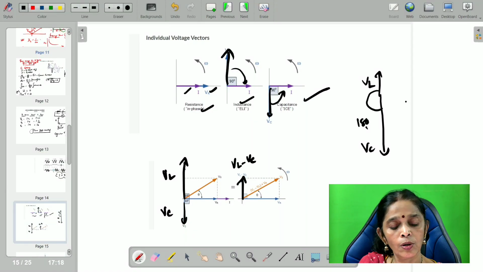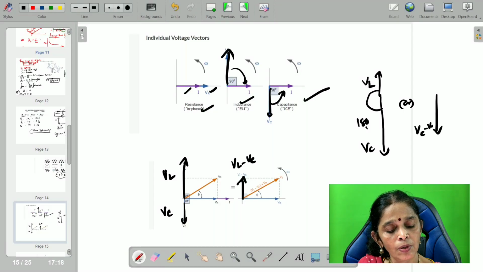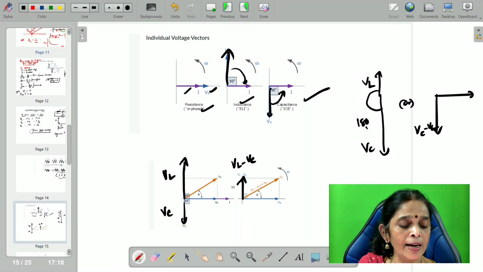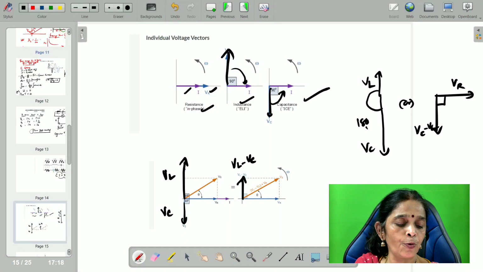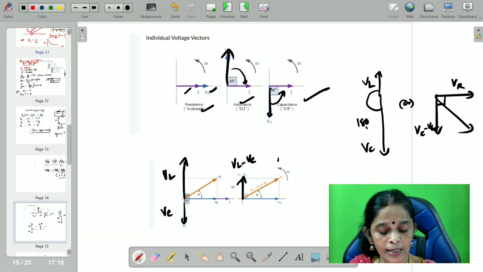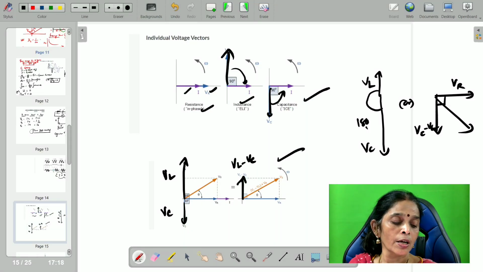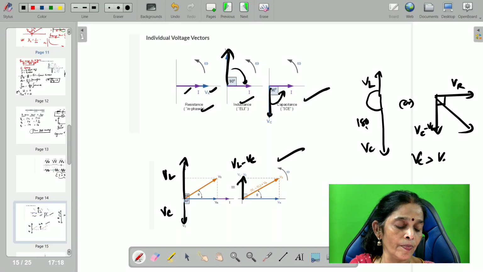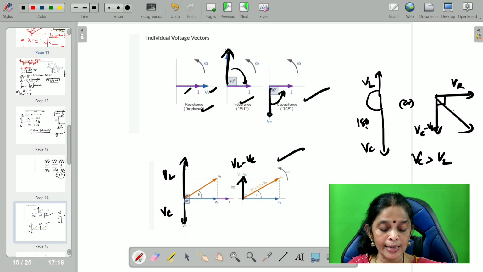So, therefore, I can write it as VC minus VL. Of course, this VR remains the same. So therefore, resultant will be lying like this. That's the difference. VL greater than VC, resultant will be in the positive quadrant. If VC greater than VL, then resultant will be in the negative quadrant. Hope you understand this.